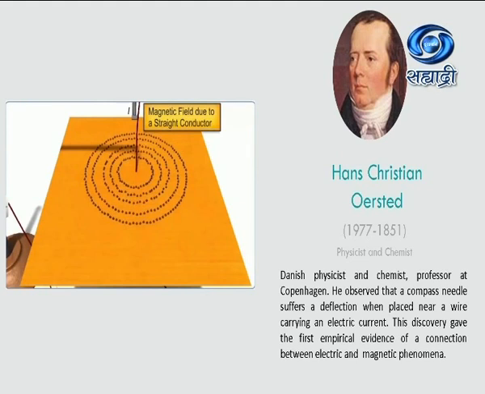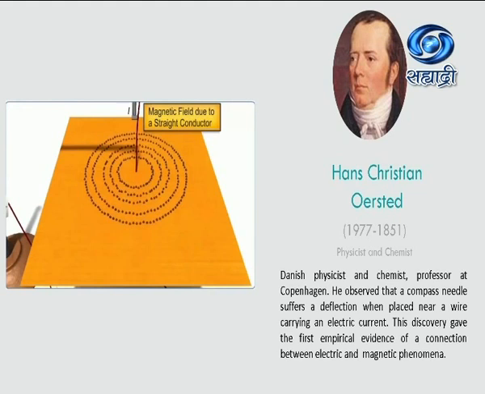That means there is a magnetic field produced here. What is the reason for that magnetic field? There is no reason other than the current that is flowing through the conductor. Hence, we can say that a magnetic field is produced around this current carrying wire.